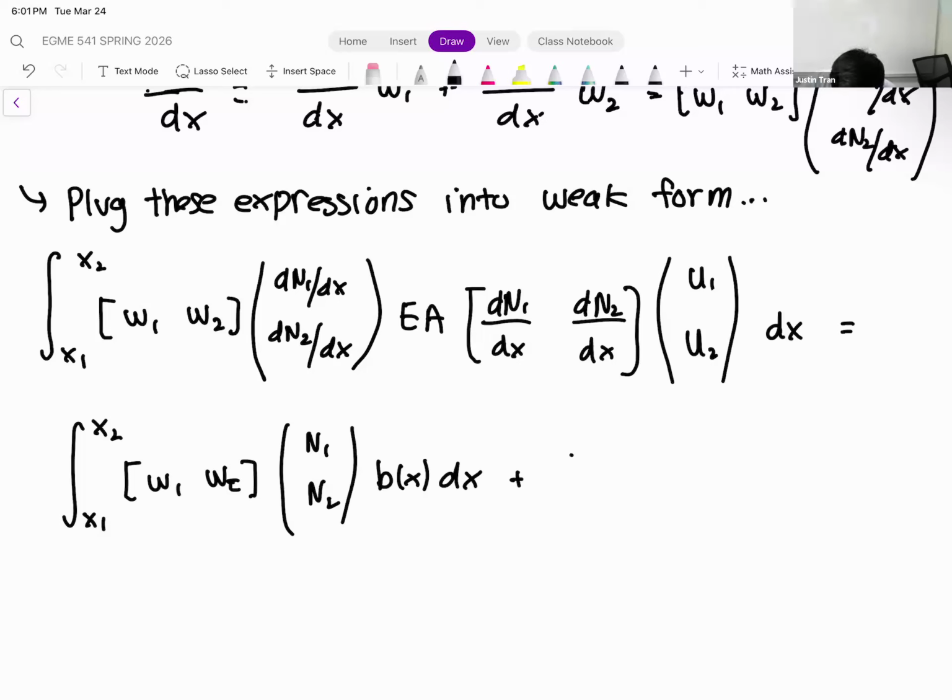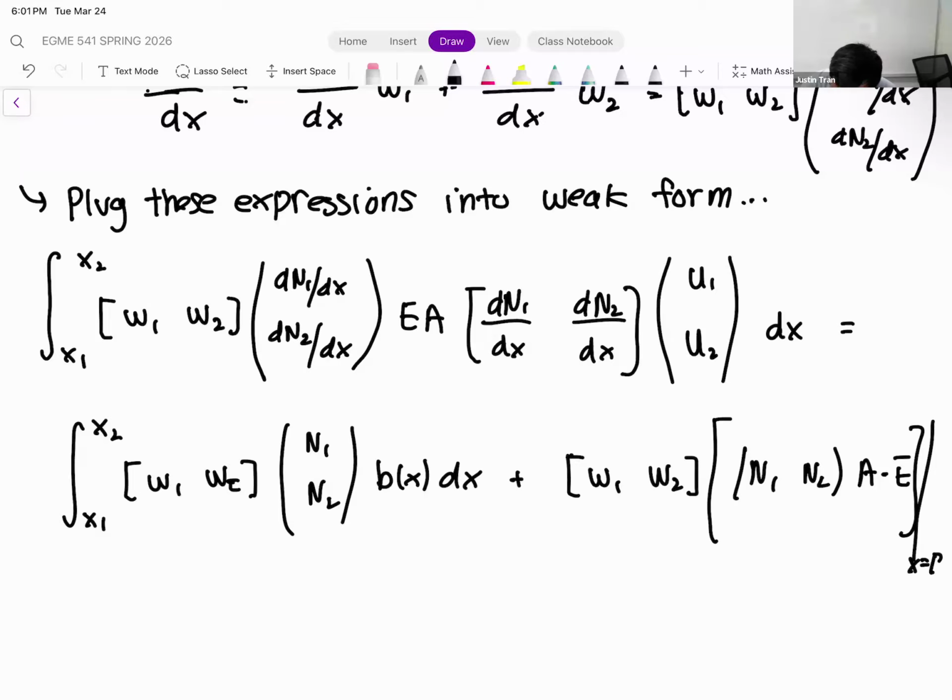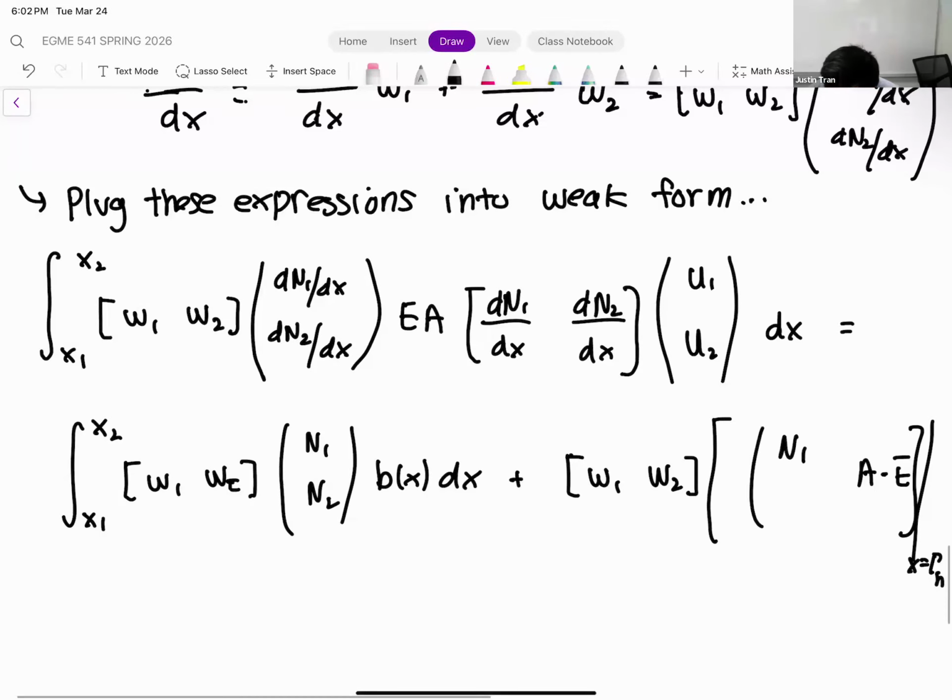Once again, we also have w1, w2 multiplied by N1, N2 multiplied by A times t bar, and we're only evaluating this at the location of the Neumann boundary. Actually, small thing, sorry. This last N1, N2 should be a column vector, just so it's consistent with our weighting function.